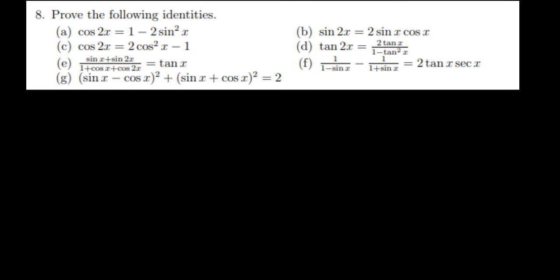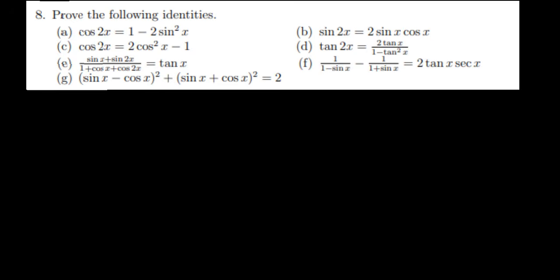Now let's prove some identities. So question 8 is about proving the identities. Prove the following identities: cos 2x equals that. So proving identity is very simple, because you are just comparing what is on one side with what is on the other side. So cos 2x is equal to 1 minus 2 sine squared x.